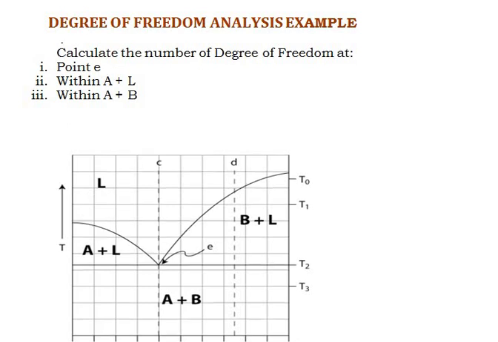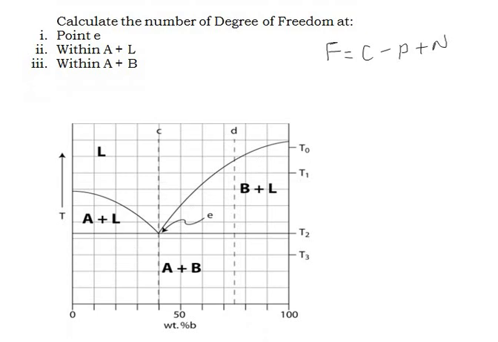So here again, we are going to define our formula, which is F is equal to C minus P plus N. Here, however, our number of components is going to be 2. As you can see, we have our pressure as a constant value, just as was seen in two component systems, while we have a weight percentage given.